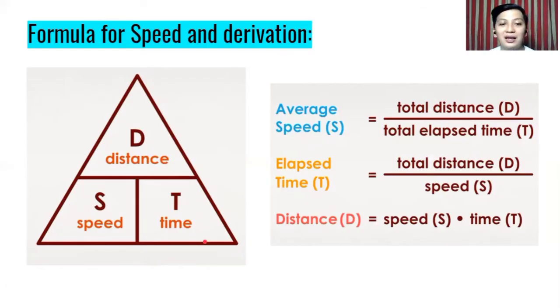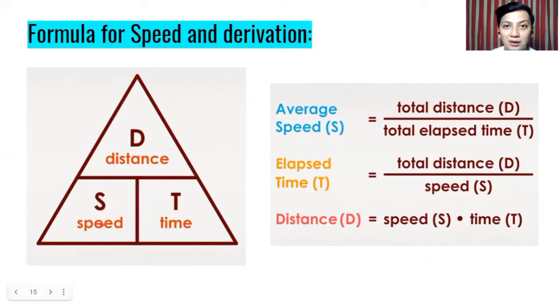Okay, get it? Kapag si time naman ang hinahanap, for example, distance divided by speed. So, that's how you derive the formula. Mas madali. Next, paano kung si distance naman yung hinahanap natin? This time, multiply naman natin si speed to time. Ganun lang kadali yan.